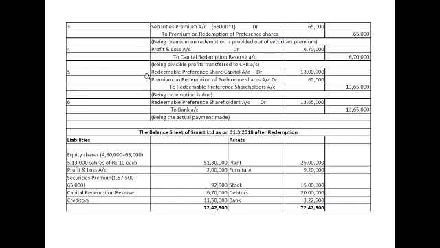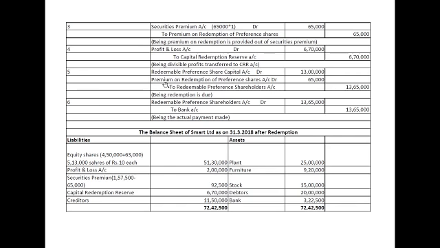And the last journal entry: ultimately, first you have to transfer to the respective preference shareholders account. The entry will be redeemable preference share capital account. The nominal value you have to take, 65,000 into 20, 13 lakh.